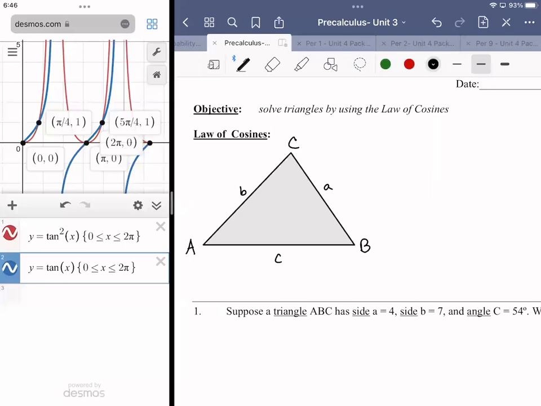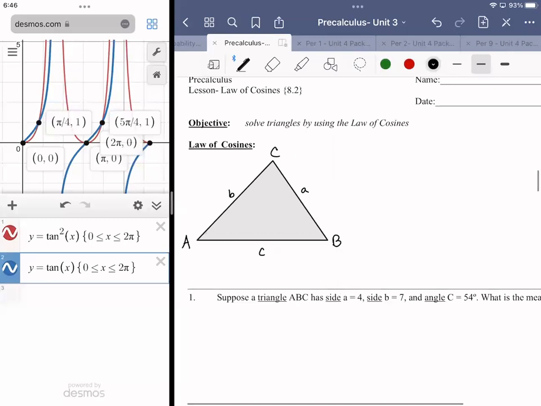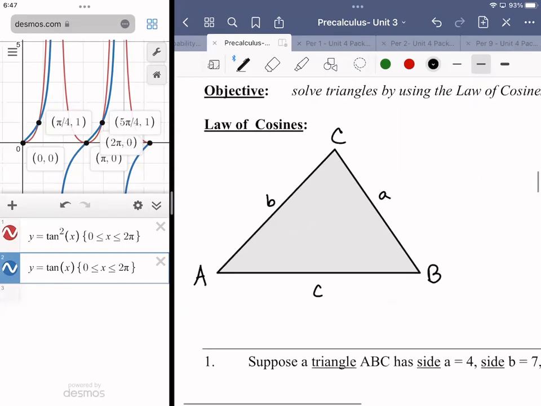All right. So the law of cosines is actually built off of the idea of SOHCAHTOA, right? So I'm actually going to show you one version of the law of cosines, like where it came from, and then I'll just give you the rest.